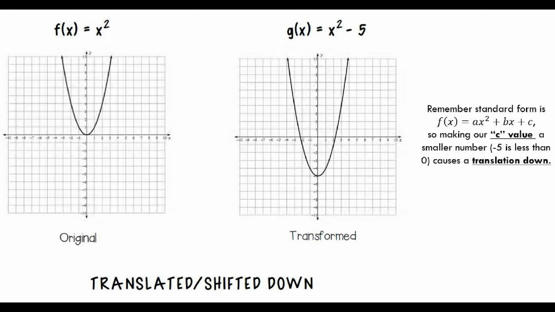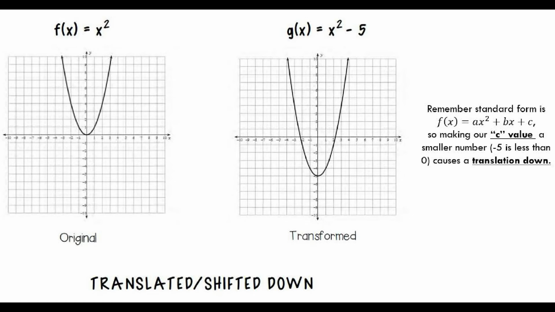So anything smaller than 0 is going to make the graph go down. So that's why when I change it to -5, that caused it to go down 5 units. Keep in mind also that's changing the vertex. So my original vertex was 0, 0. Now my vertex is 0, -5. If you're still writing, pause the video.